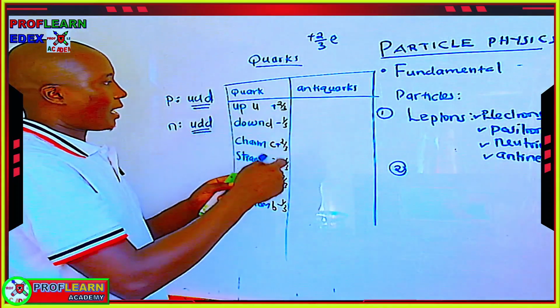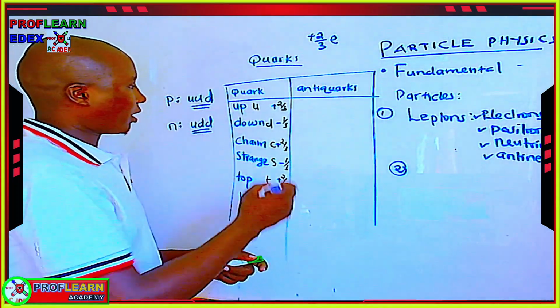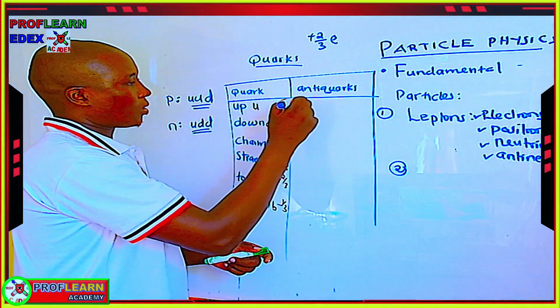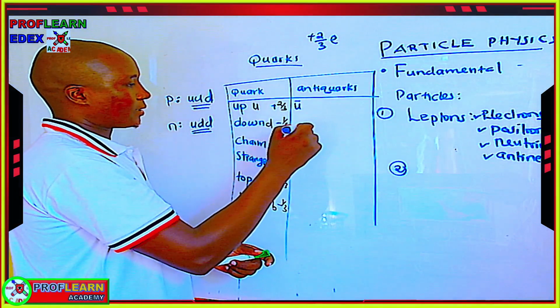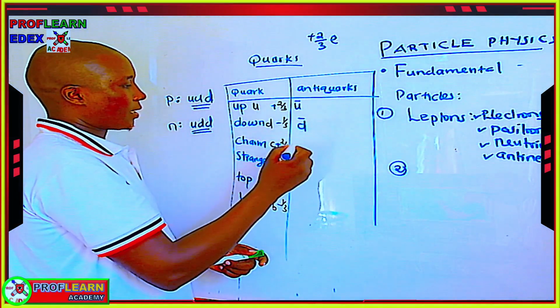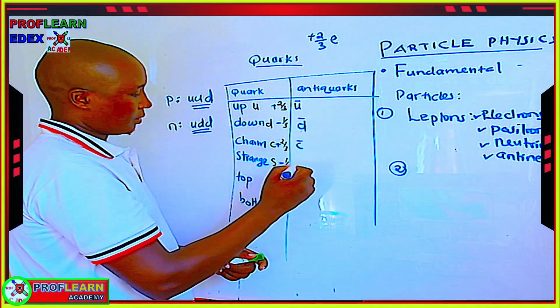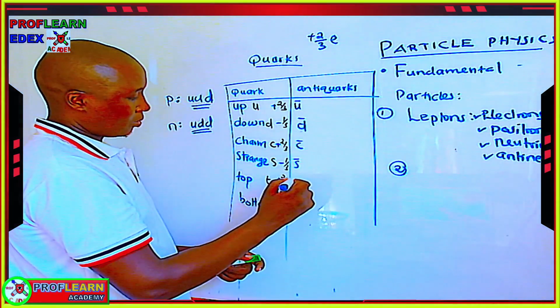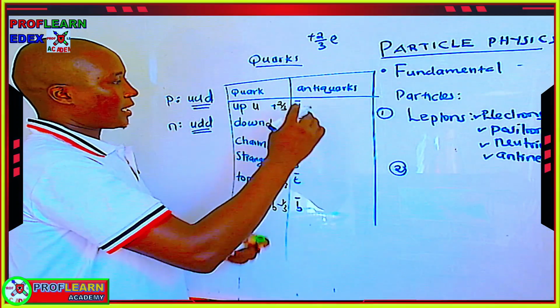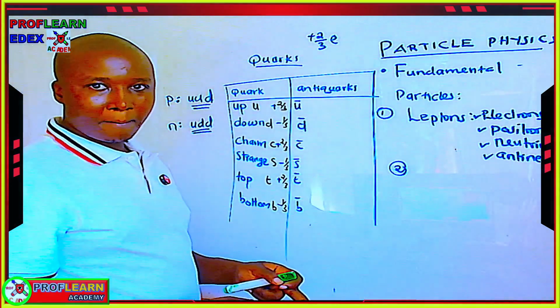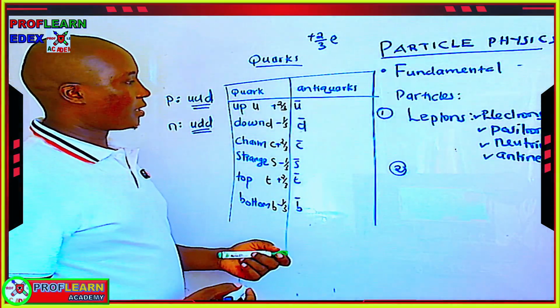Every quark has an antiquark. For instance, the up has an antiquark which is U bar, and a down quark has an antiquark D bar, then C bar, S bar, T bar, and the bottom bar. They have the same mass, but opposite charges.